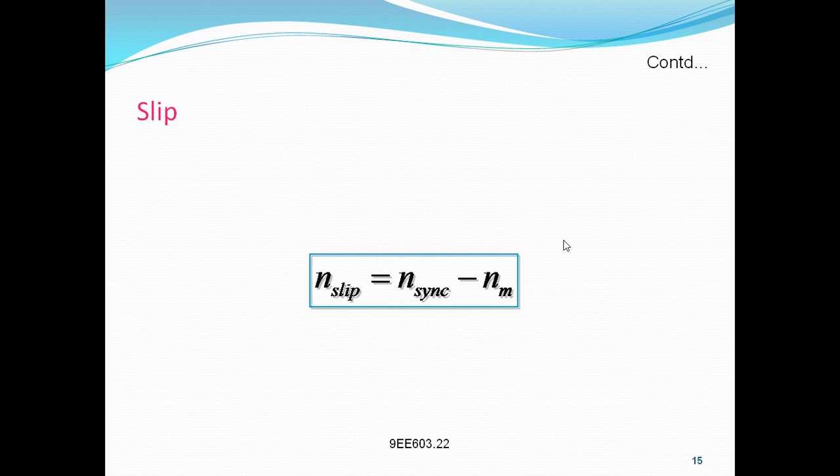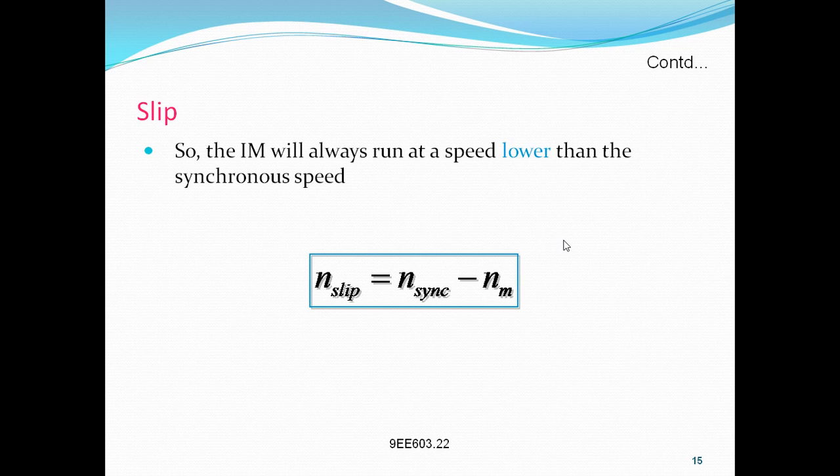So this is the slip speed. Slip speed is equal to synchronous speed minus motor speed. So the induction motor will always run at a speed lower than synchronous speed. It never catches the synchronous speed.